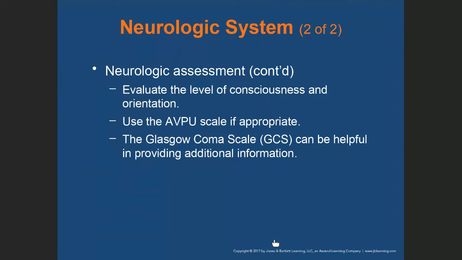You will use the AVPU scale if appropriate, and we know this by now. And we will use the Glasgow Coma scale, which is more universally accepted. The Glasgow Coma scale looks at 3 areas: eye opening, verbal response, and motor response. So it's EVM.